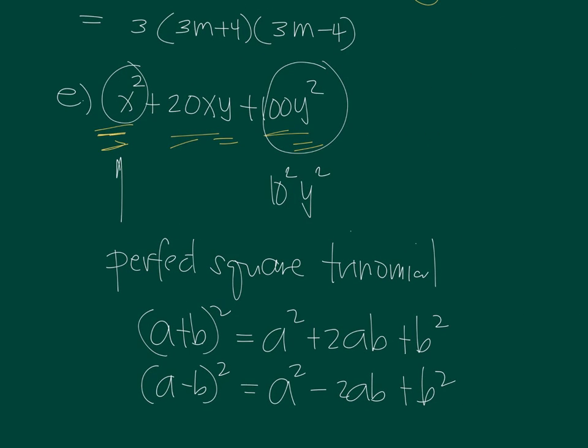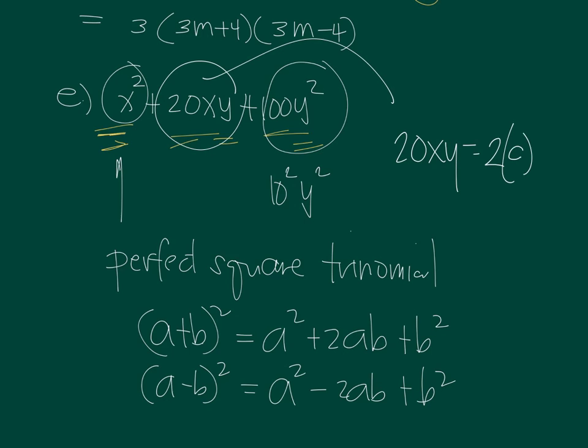Somehow the given expression follows the format a squared plus 2ab plus b squared. We just have to check. The middle term is 20xy. So is 20xy the same as 2 times our a and our b? Now what is our a? The a is the square root of x squared, so that is x. The b is the square root of 100y squared, so that's 10y. So is 20xy equal to 2 times x times 10y?